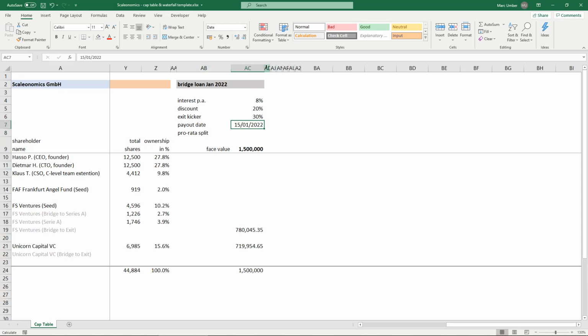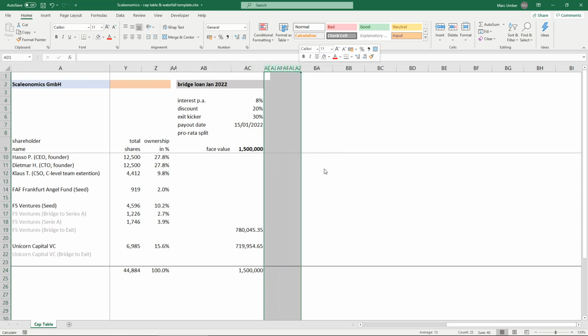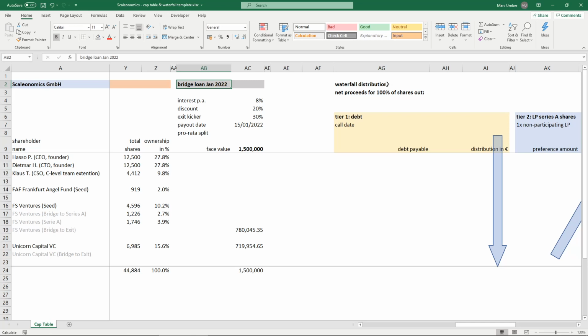Now, since we are now venturing into this exit, shareholders usually want to know, in case of an exit, how will the proceeds of this exit turn out to materialize in the pockets of every investor? For this, we need the waterfall distribution, and we know that there are certain share classes with liquidation preferences, which means with certain cash flow rights to individual investors.